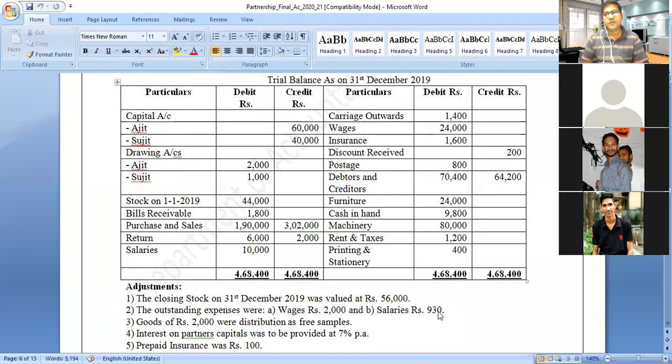And second effect we have to give balance sheet, liability side, outstanding salaries. I hope you understood. It's very simple.